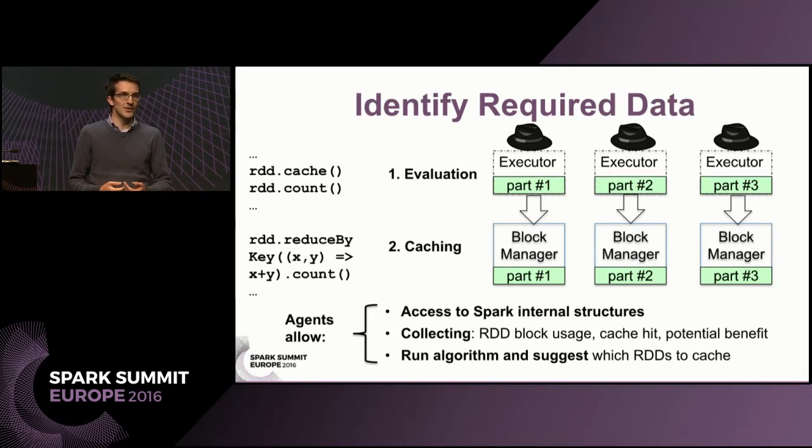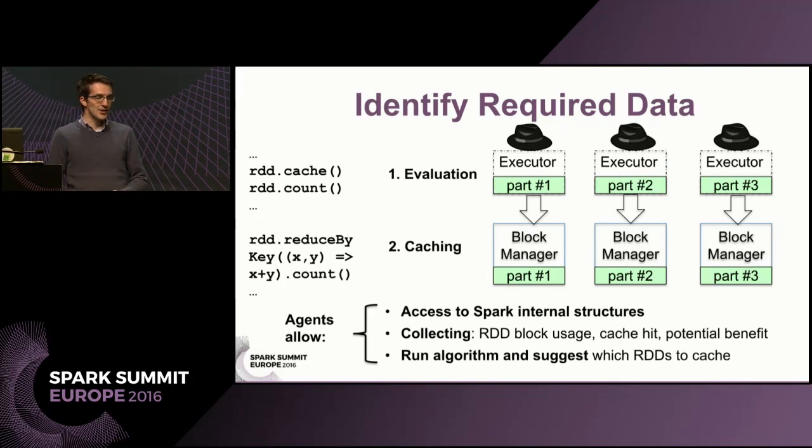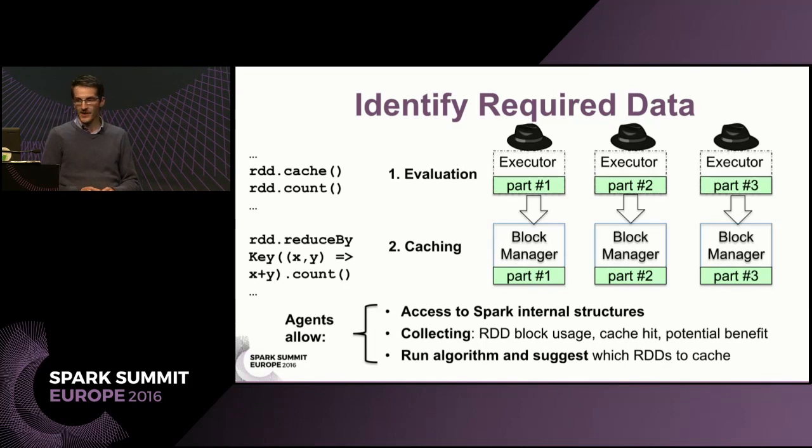And for that, we need some sampling mechanism and extrapolation techniques to figure out the actual size. So we can do all of these steps with btrace quite nicely. Then we can run our algorithm and figure out which RDDs to cache, basically run the prioritization algorithm, figure out which RDD will give the most benefit, and prioritize to cache those in the first place.